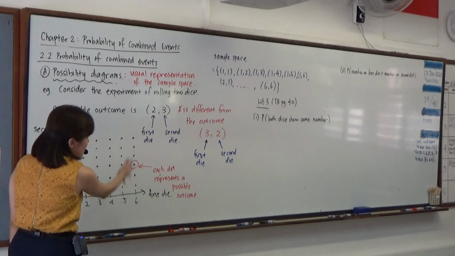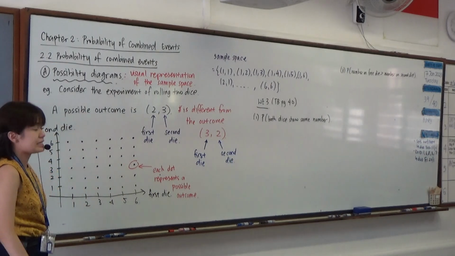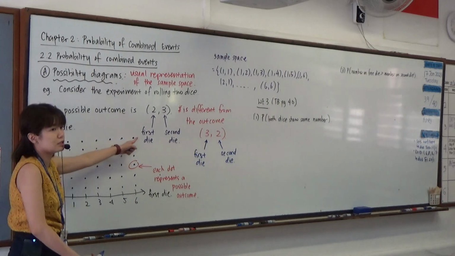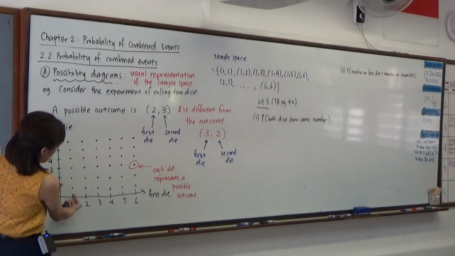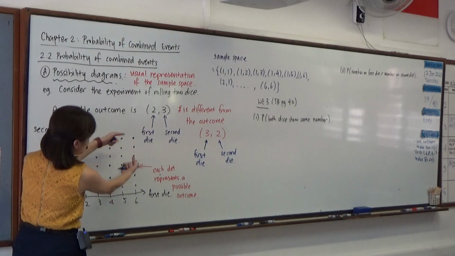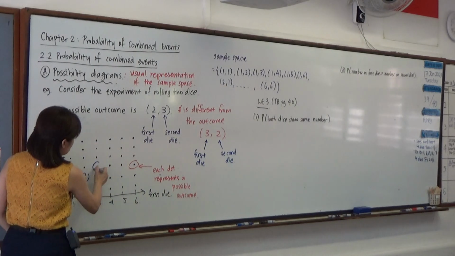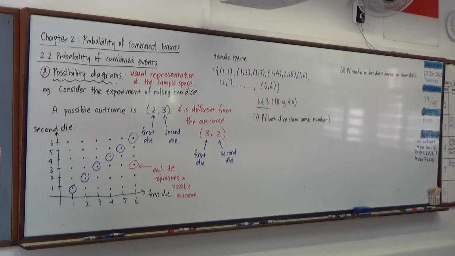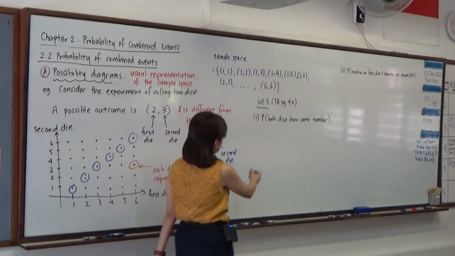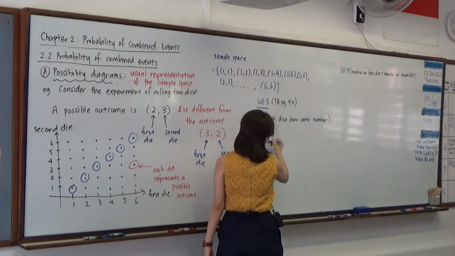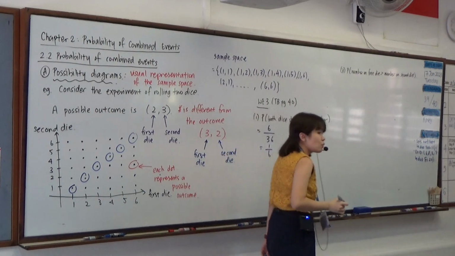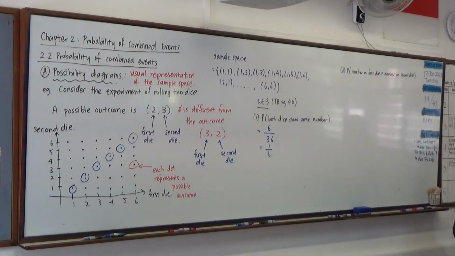However, in a possibility diagram, it definitely makes things easier, because for the same number, we just look across the diagonal. That is where we have 1, 1, 2, 2, 3, 3, all the way to 6, 6. So the numbers that we want are these 6 outcomes. Just by counting, we know that there are 6 over 36, which explains why the probability is 1 over 6.